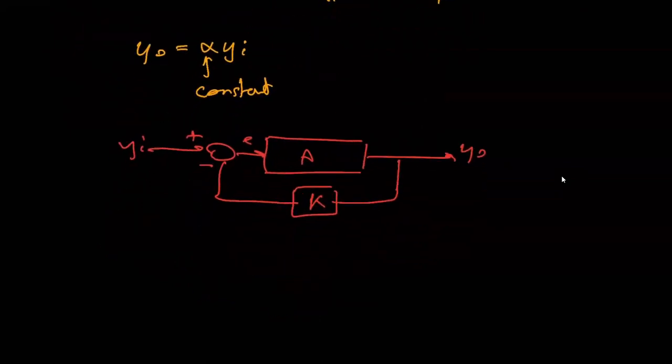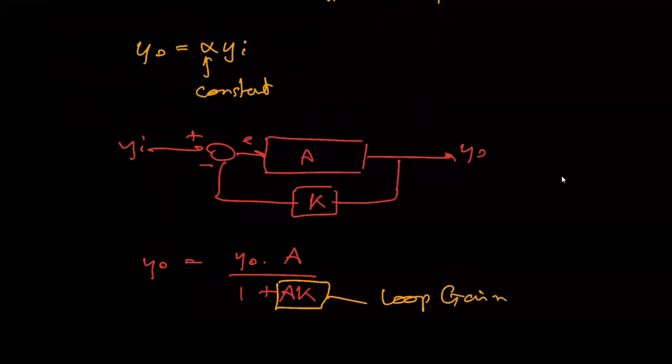We know that the output is the input times A over 1 plus AK. We did that almost in the first or second week, I think. This thing here is the all-important loop gain.